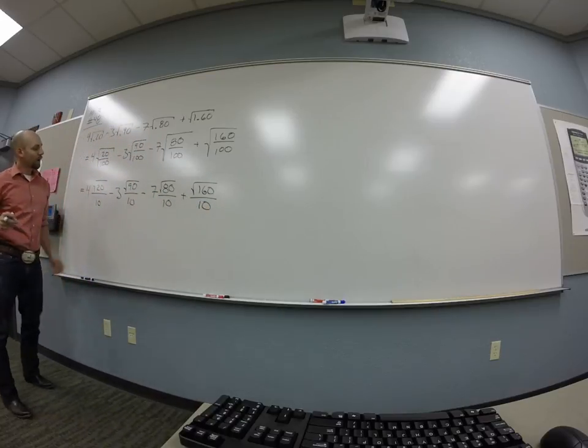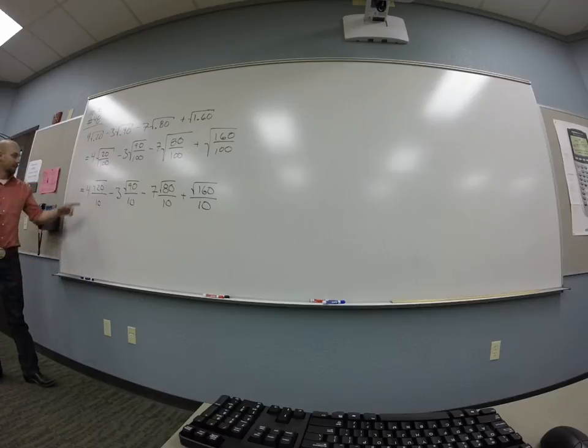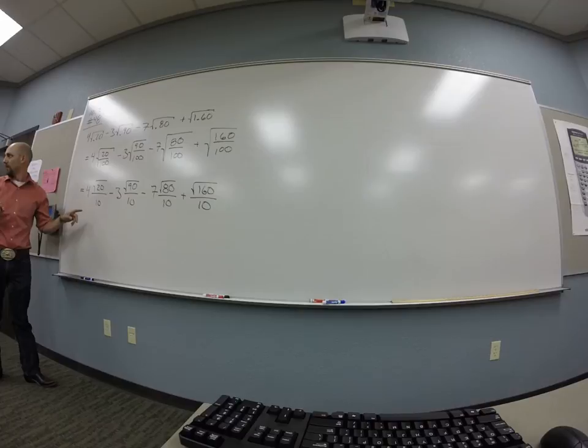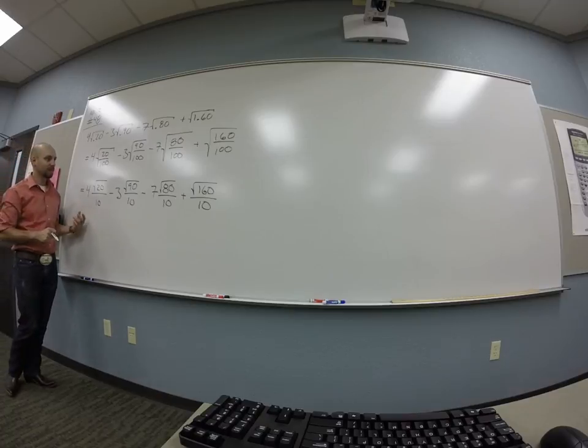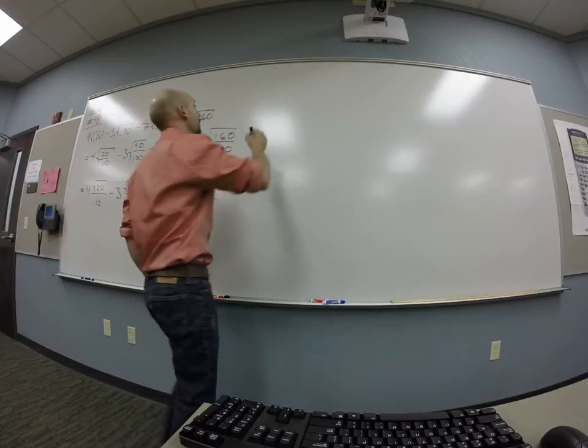Okay. Why would I keep the 10s instead of, like, say, canceling a 2 here? Because you need a common bottom. Yeah, because this is already in a common bottom, so I should resist the urge to cancel because common bottom is going to be convenient for me, right? Otherwise, when I try to add like terms together later, I'm going to have to go find that common bottom. I'm just going to undo the work I did canceling. So let me not do that.